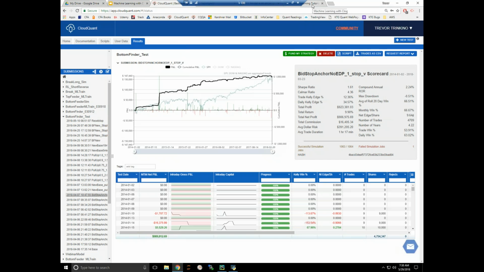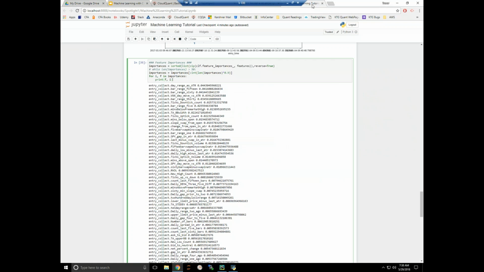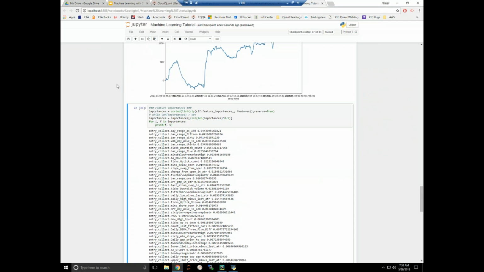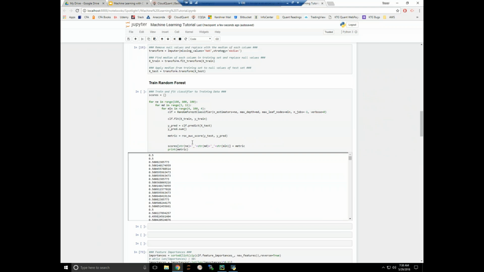But anyway, back to our initial workflow here. Once we have found the model and the combination of hyperparameters in our Jupyter notebook that gives us the highest metric score, we will then save this CLF object, which has all of the rules and the nested if statements saved within it. We can save it as a pickle file, and it'll save our model.